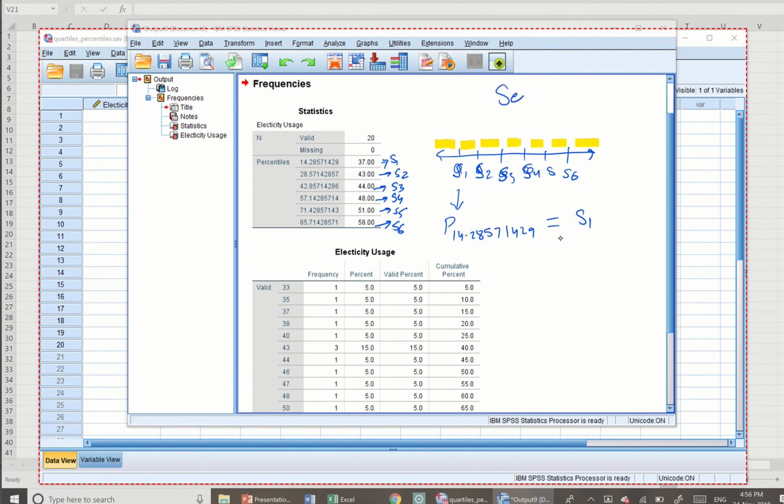So septiles divide the series into 7 equal parts. Similarly, you can compute octiles, which divide the series into 8 equal parts, using the cut points. Similarly, you can compute deciles.